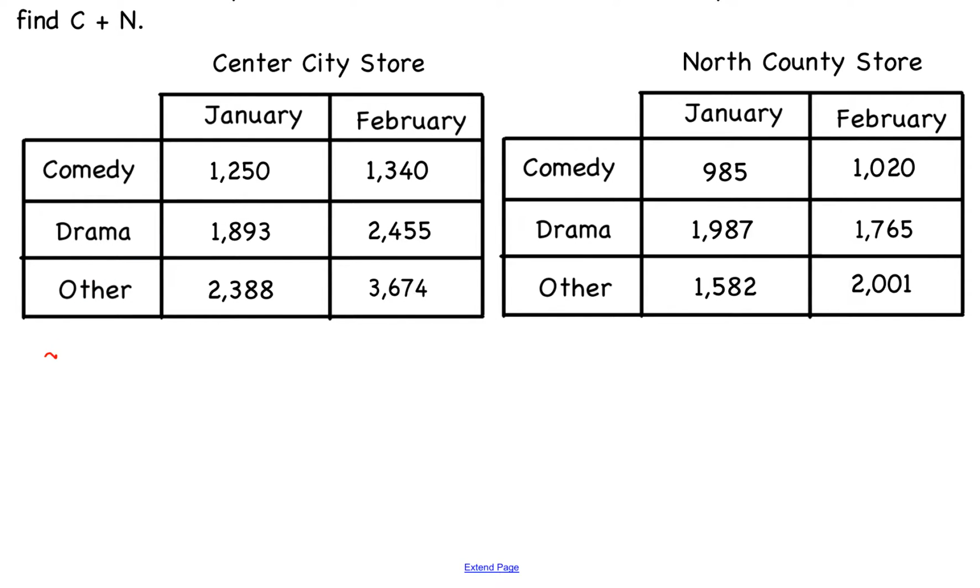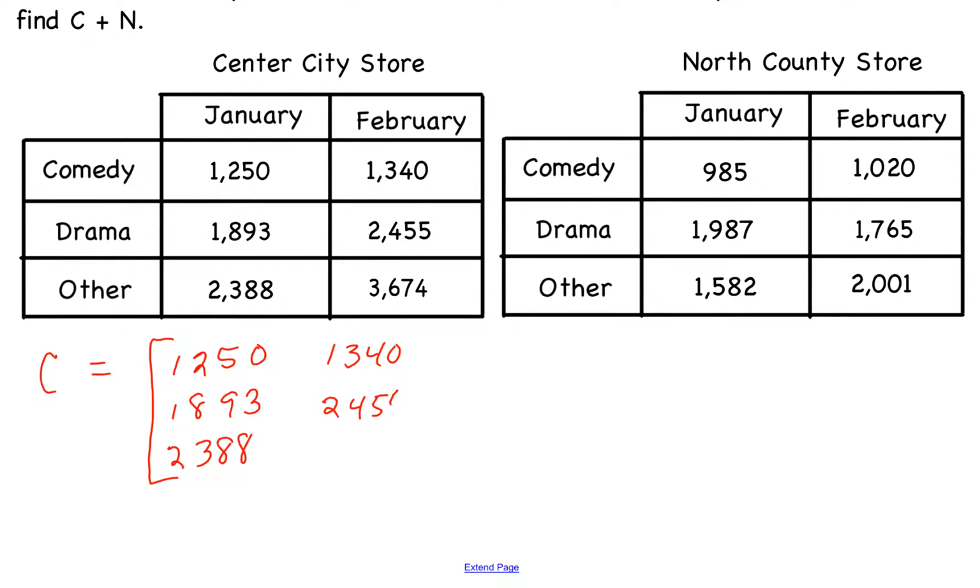Matrix C is equal to, this is a 3 row by 2 column, and here are its elements: 1250, 1893, and 2388. Then column 2 has these elements: 1340, 2455, and 3674.